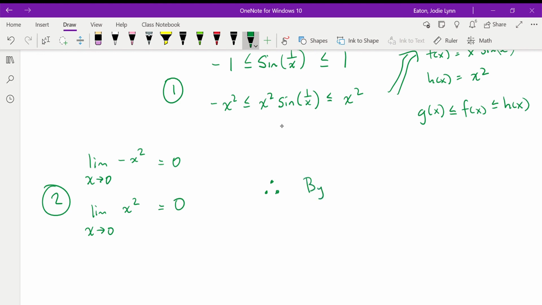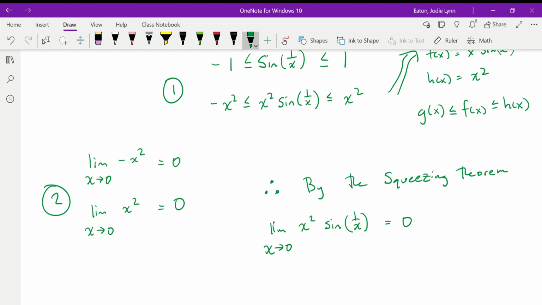Therefore, by the squeezing theorem, the limit as x approaches 0 of x squared sine 1 over x equals 0, because it's between those two other functions that both equal 0.